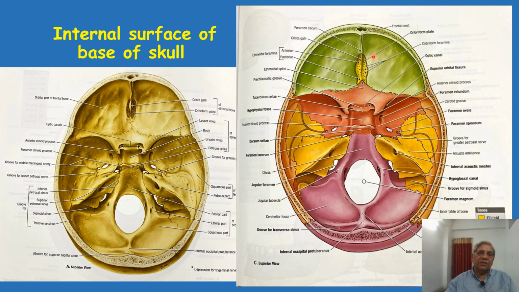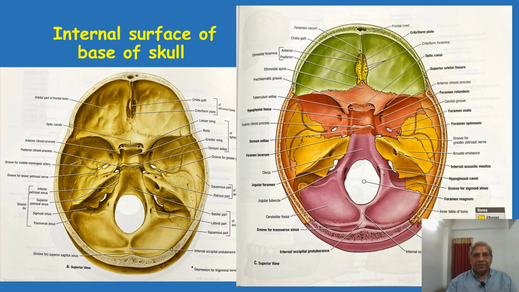Then if you are replying well, he can again ask which foramina are present on the lateral margin on either side of this cribriform plate of the ethmoid. You can say that there are anterior and posterior ethmoidal foramina openings. Anterior is always there, posterior may not be there, through which the anterior ethmoidal nerve comes out.